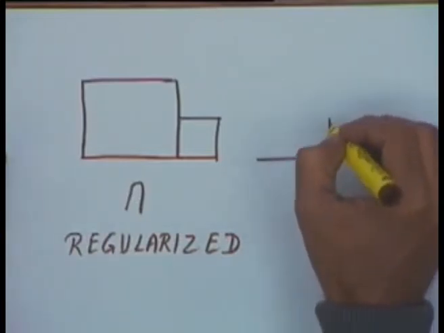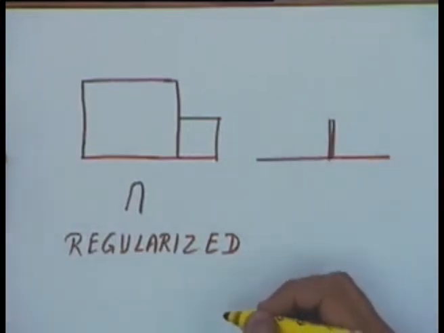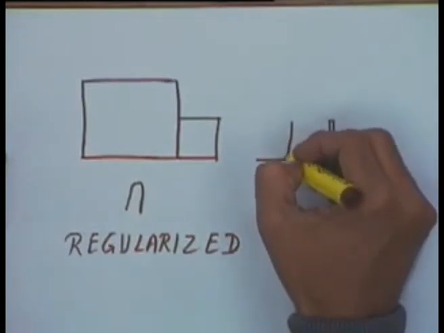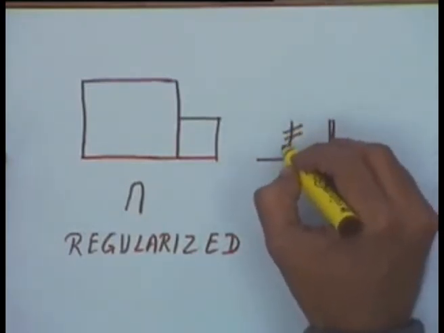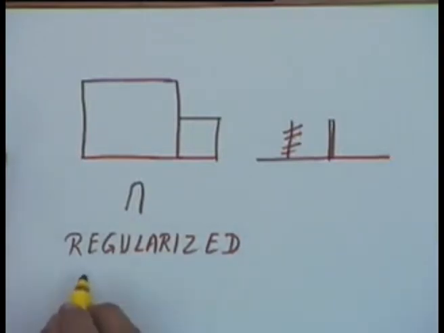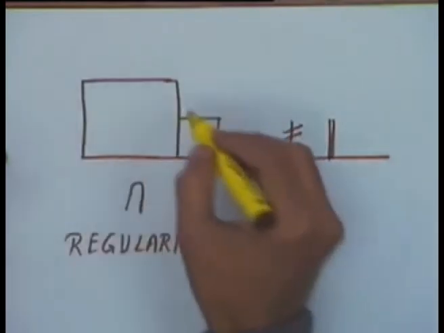Instead of this line, if it was a narrow rectangle, then it is alright, but if it is just a single line, that will be treated as not existing. So in a regularized Boolean operation, the final result has the same dimension as the initial result.